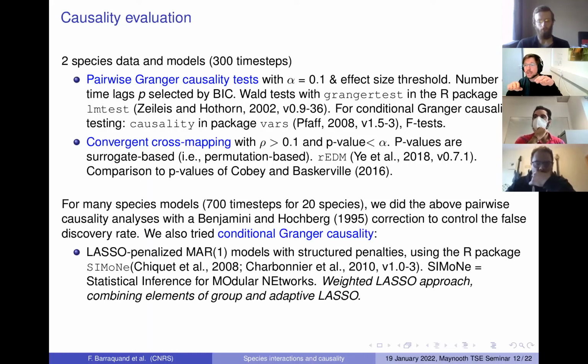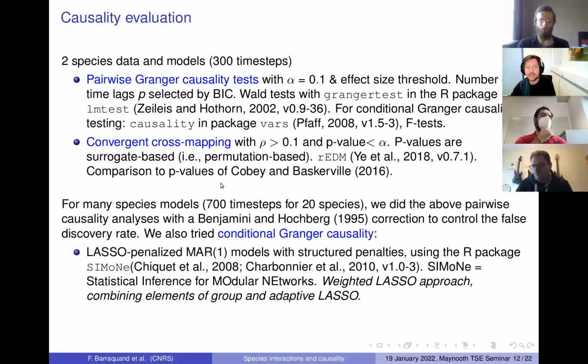In the simplest case, it can be done by just permuting the values of your abundances along the time series. In more complex scenarios, like when you have a confounding abiotic driver, you also have to conserve the spectral color of your time series. So it must have the same Fourier spectrum, which we did.